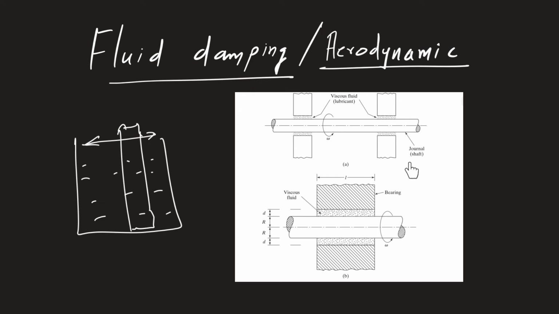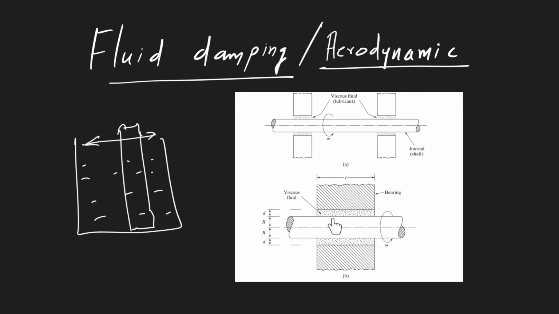Another well-known example is the bearing, which supports the rotation of the shaft. So as we can see over here, a certain amount of energy will be spent as the shaft moves within this viscous fluid. We know that there is a certain amount of shear stress created at this point. Here the fluid will be at rest.